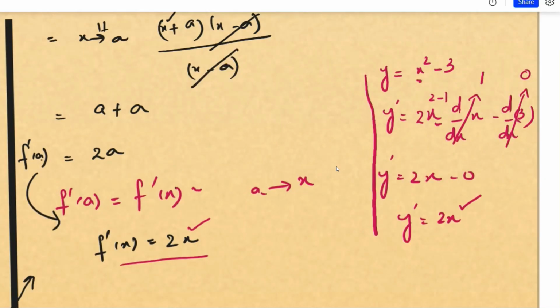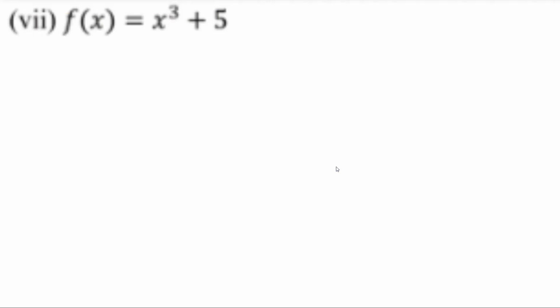Fine. Now let's move to its 7th part. Now here f of a will be, replace x as a. f of a will be a cube plus 5.